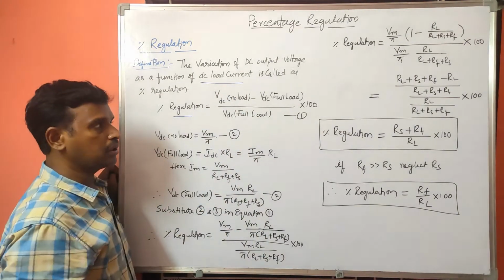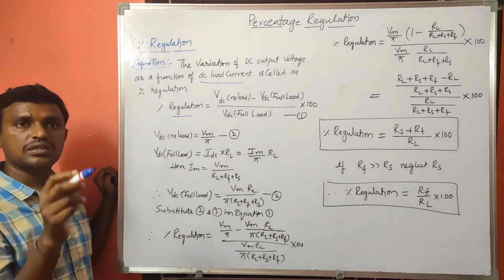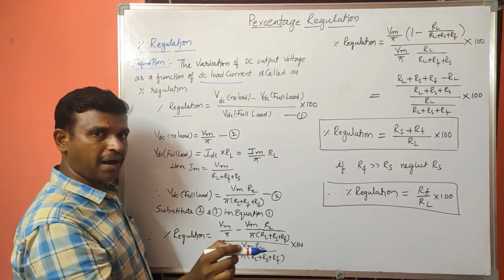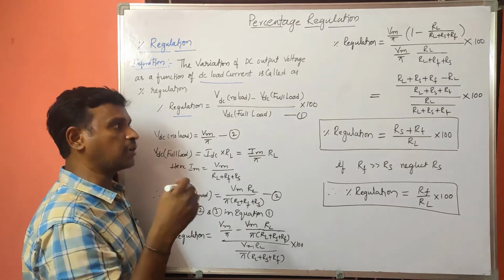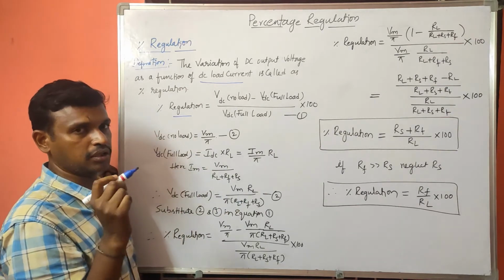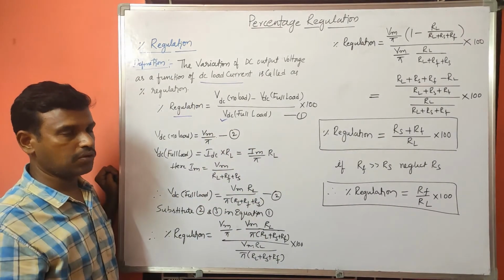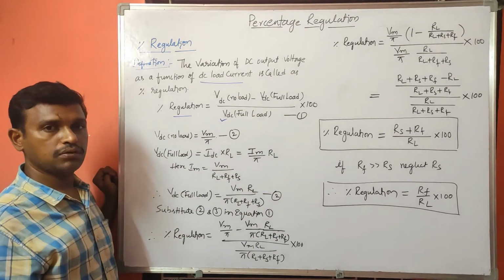And VDC full load means if you consider all three resistances, that is load resistance, forward bias resistance and secondary winding resistance, and you calculate, that is nothing but VDC full load. Therefore percentage regulation is equal to VDC no load minus VDC full load by VDC full load.